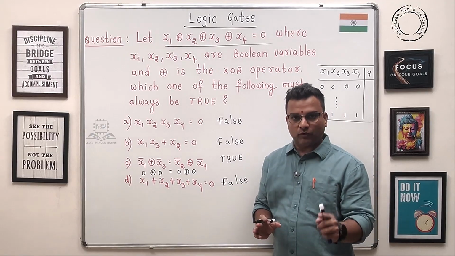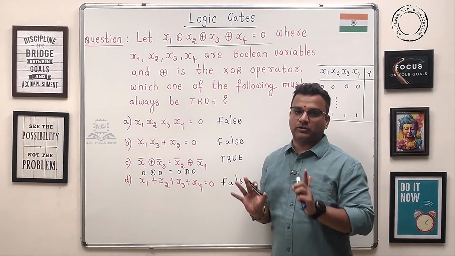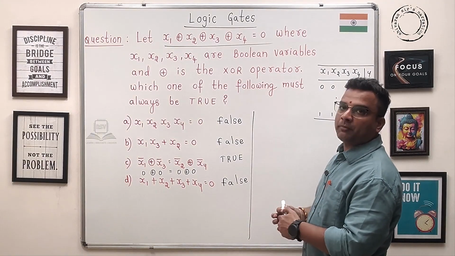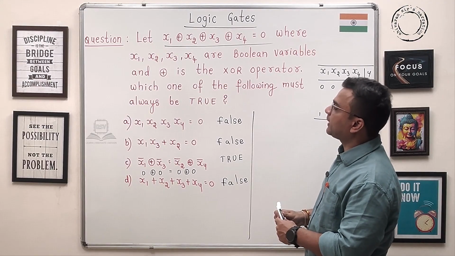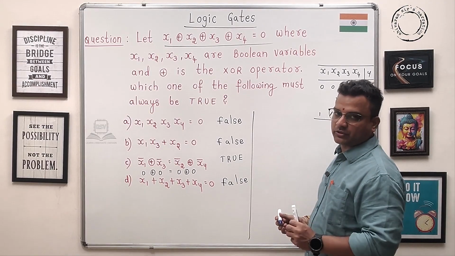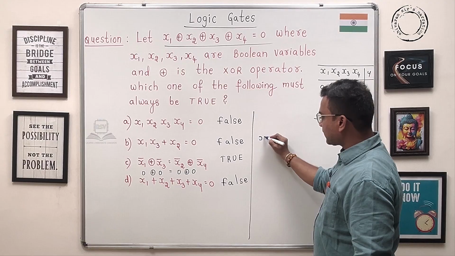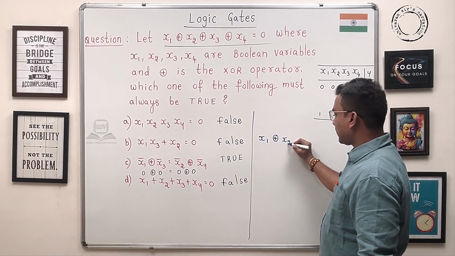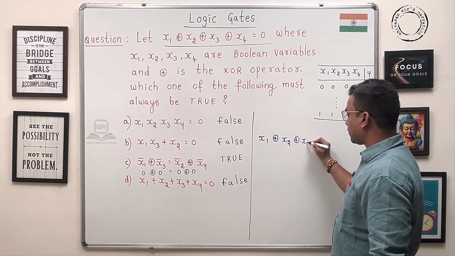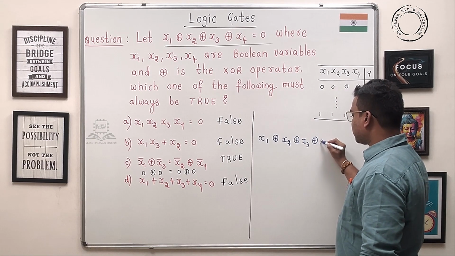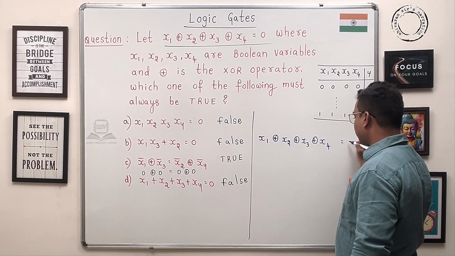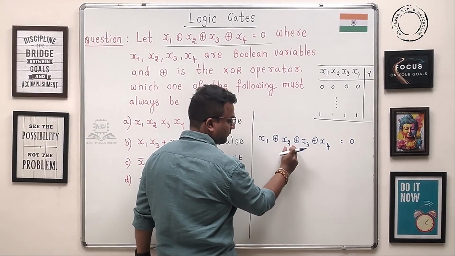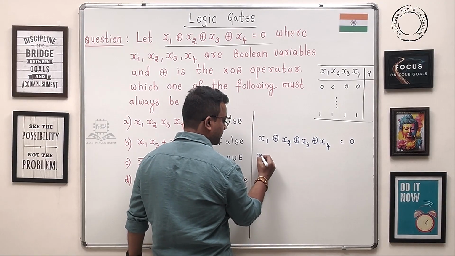For that reason, you can go another way also. What was stated is x1 XOR x2 XOR x3 XOR x4 is equal to 0. Now why don't you interchange this?